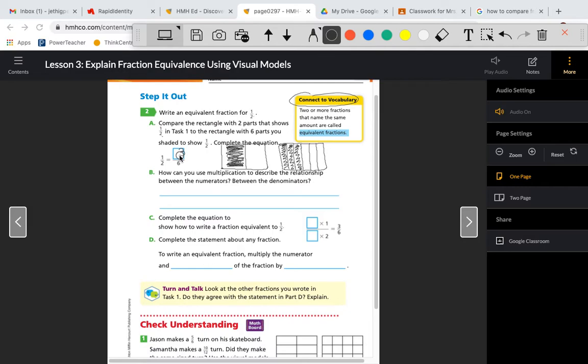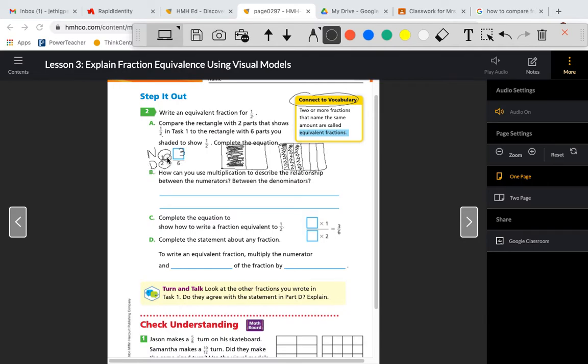How can you use multiplication to describe the relationship between the numerators? And then how can you use multiplication to describe the relationship between the denominators? Now remember, our numerator is on top. This is our numerator, this is our denominator. Our denominator's on the bottom. So let's start with our numerators.